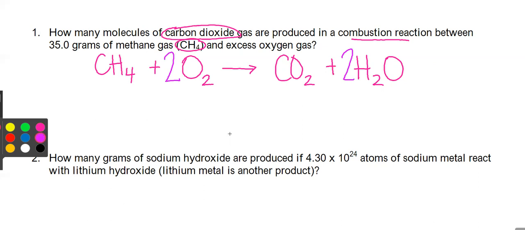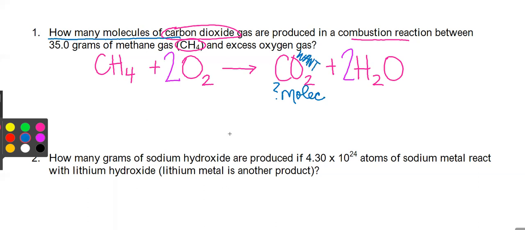Okay. So now that we got our balanced equation, let's figure out how we're going to use the mole map. So first question, how many molecules of carbon dioxide gas? So we want to know the molecules of the CO2. So that makes the CO2 our want. Okay.